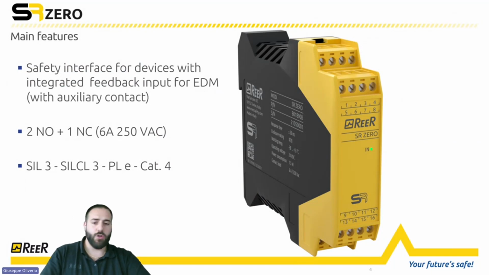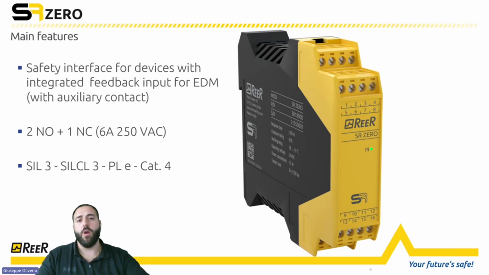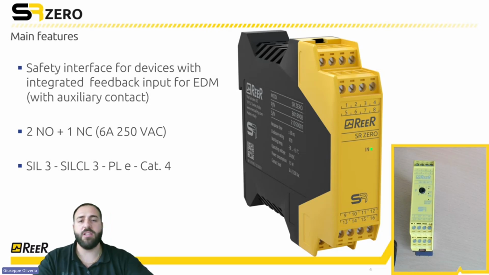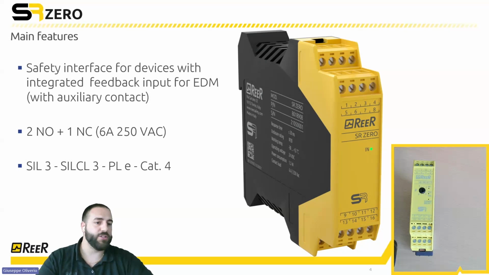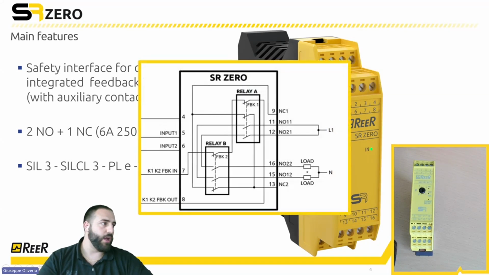interface. So again, the SR0 is used with devices with OSSD output with integrated functions like the EDM controller and manual reset. What you can also do is to directly connect the signal to the SR0.